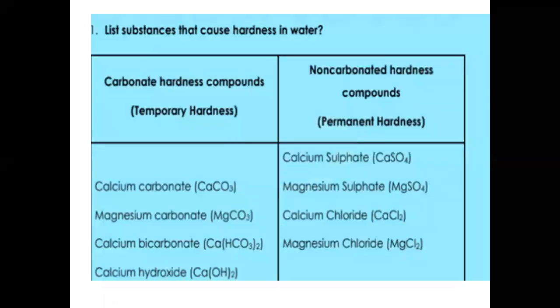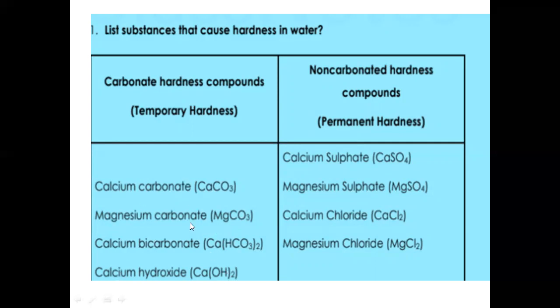What are the substances which cause hardness in water? The carbonate hardness compounds and non-carbonate hardness compounds. The carbonate hardness compounds are calcium carbonate, magnesium carbonate, calcium bicarbonate, calcium hydroxide and magnesium hydroxide.